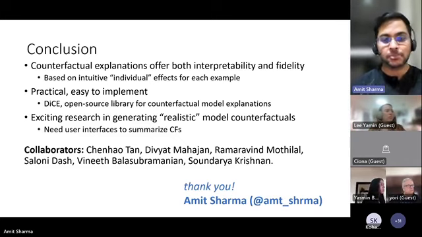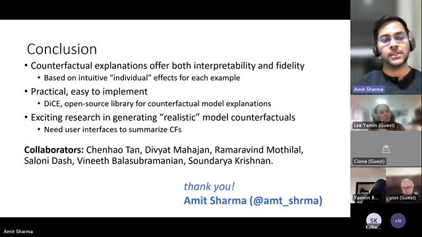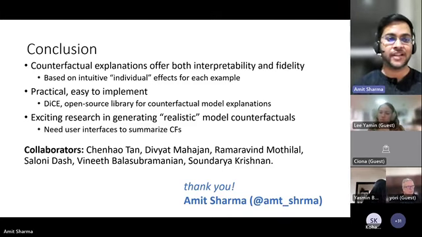In fact, I'll post a link to another open source library, which uses counterfactuals to do exactly this. This talk is like baby counterfactuals only for machine learning models, but I'm more interested in the real counterfactual questions, and that's in the DoWhy library. So you can take a look.